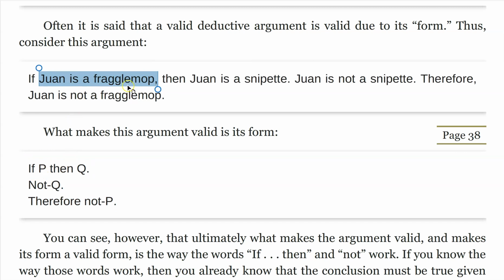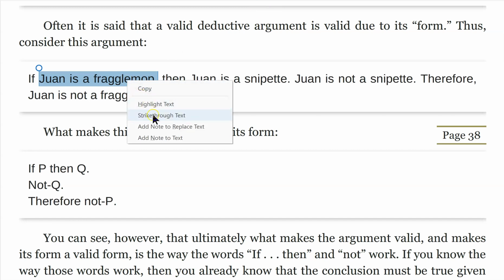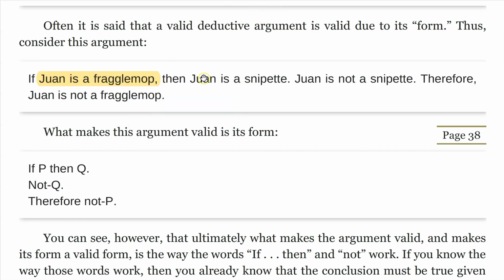Actually, I wonder if I can highlight these in different colors. You know what I think I should do? Okay, I'm going to highlight this, and then I'm going to underline this. And we can just go through and keep this structure. This really helps.